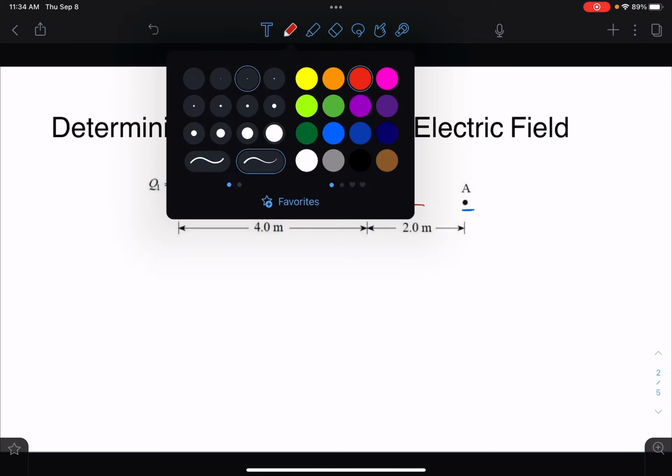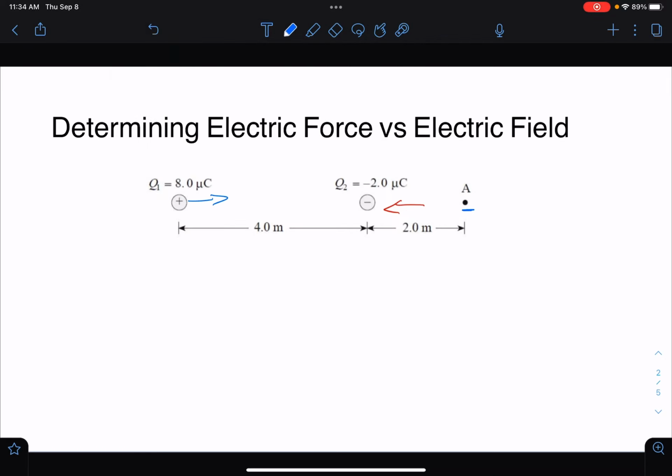All right, and so in this situation, the electric field at point A would be the electric field from 1 plus the electric field from 2. And again, in this case, I would make sure that my electric field for 2 is negative with that negative charge.